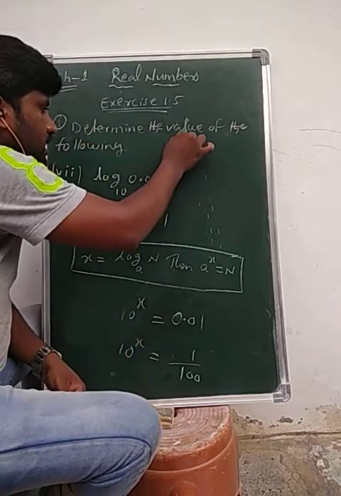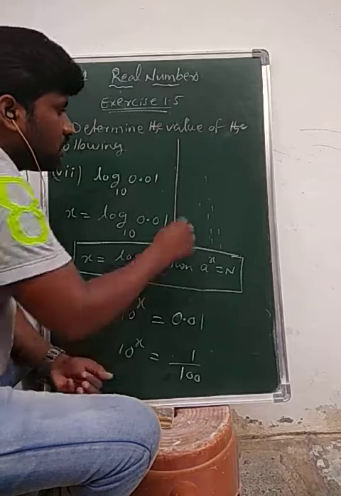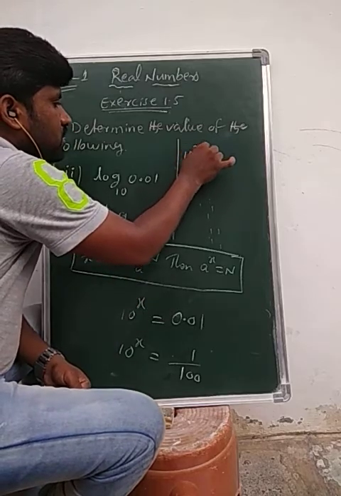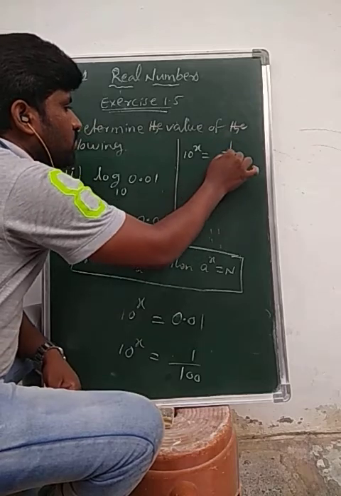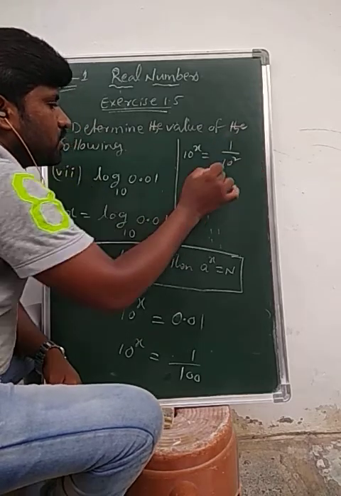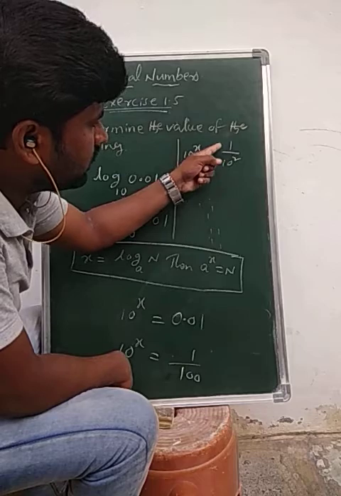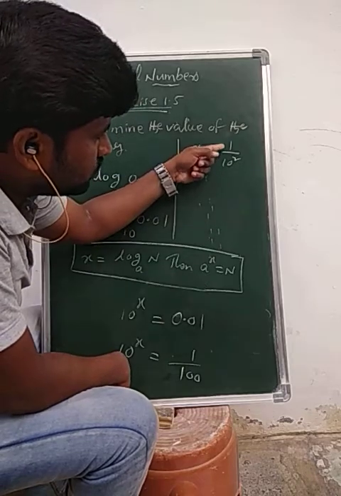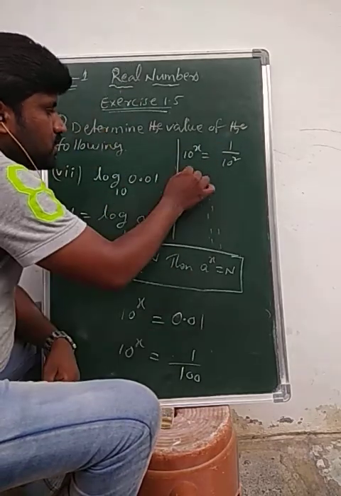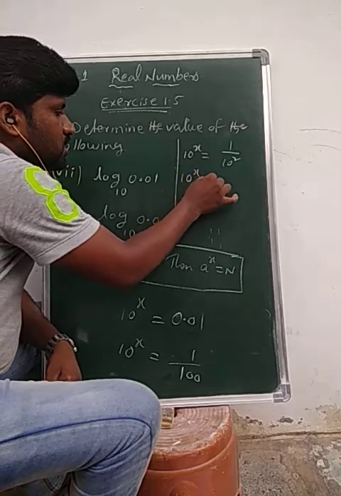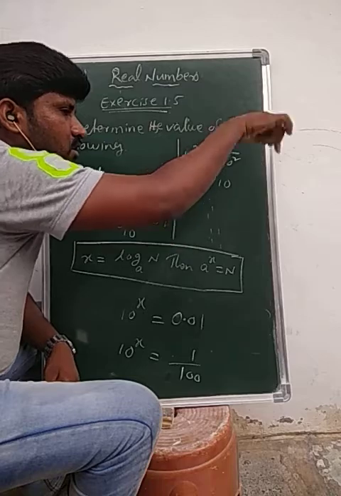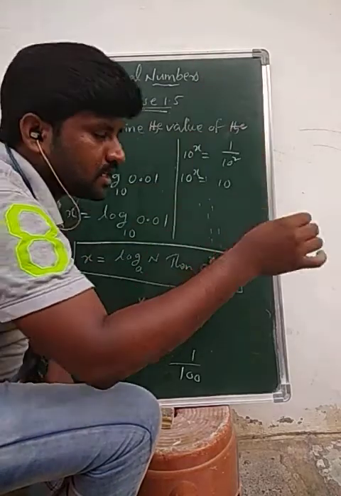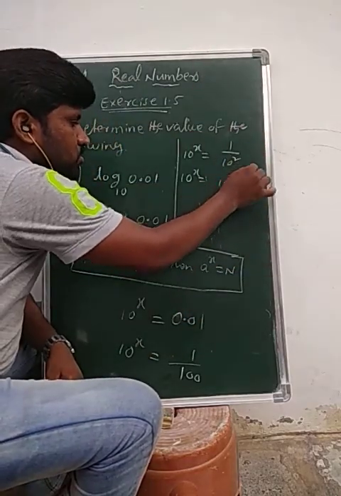Now how can we write this? 10 power x is equal to 1 by 100, which we can write as 1 by 10 power 2. In the next step, 1 by a power n is equal to a power minus n, so 10 power x is equal to 10 power minus 2.